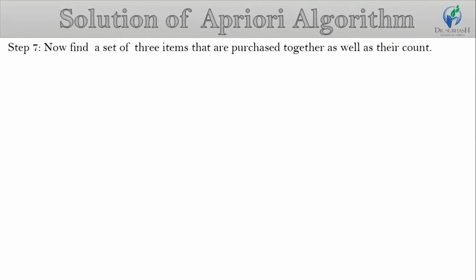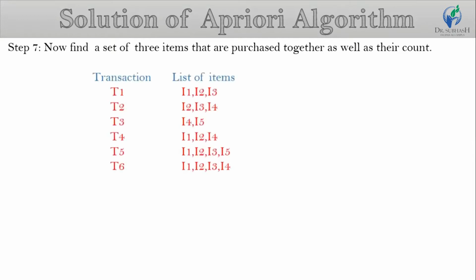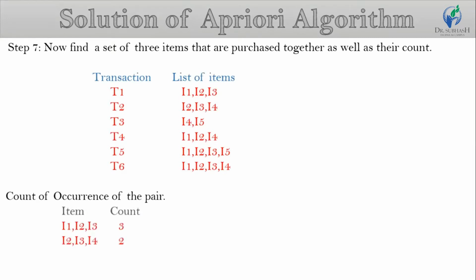Now we find out the count of the 3 item sets based on the original table. So the answer is the count of occurrence: item set I1, I2, I3 frequently occurs in the original table and its count is 3, and item set I2, I3, I4 occurs in the original table 2 times.